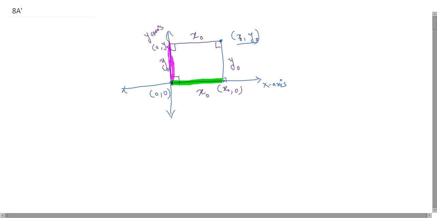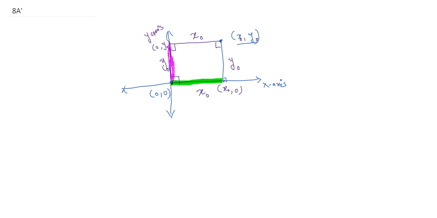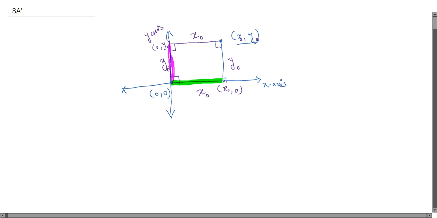But instead of walking in those two directions, you can select a better shortcut, this one. If I know this angle, then I will rotate myself at the origin 0, 0 from the x-axis.